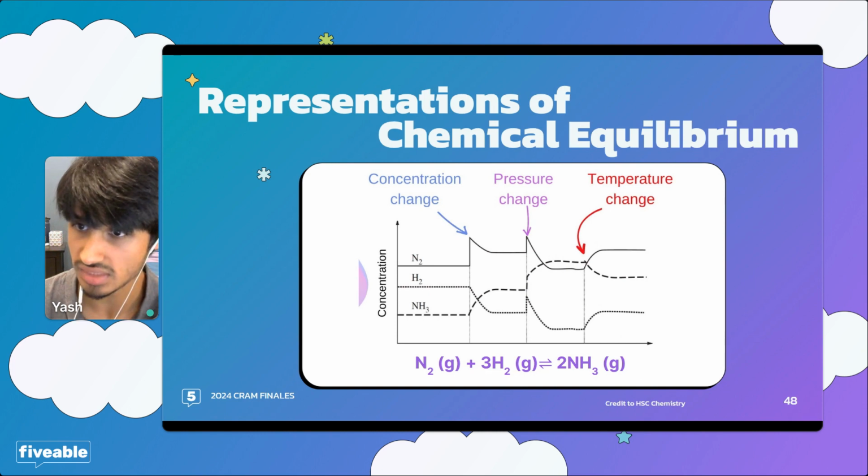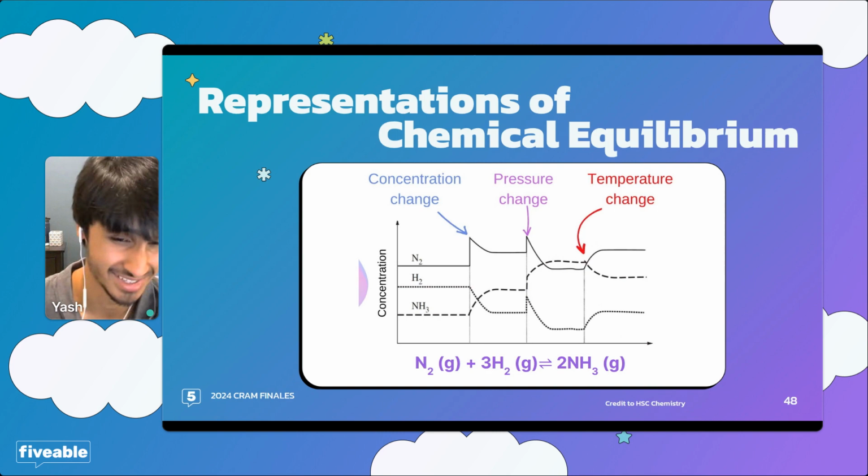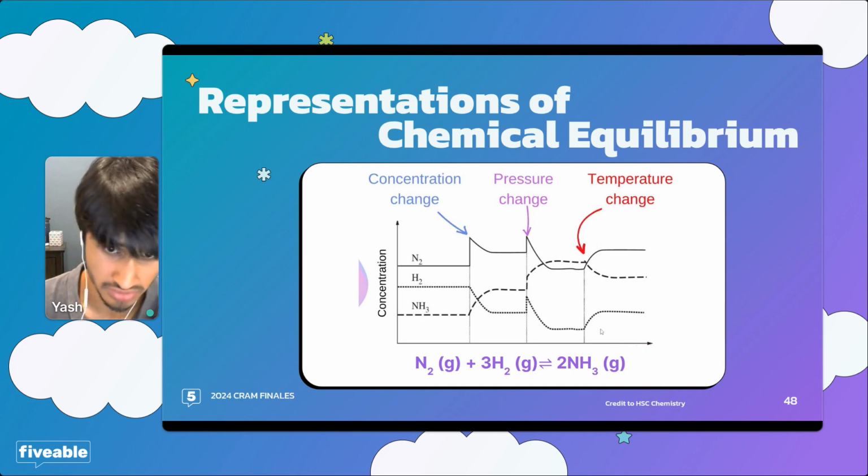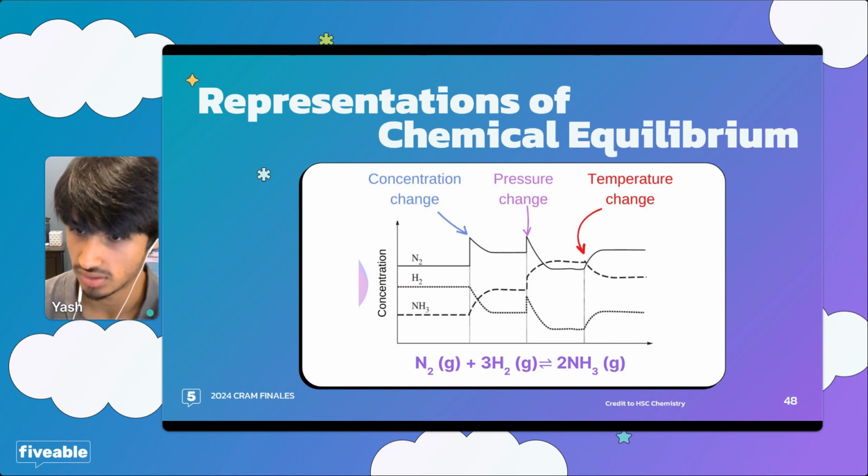So if you increase the heat added, you're kind of increasing a product, and so you're going to see a shift towards reactants. Sorry, I was really stumbling over my words. All right, does that make sense?